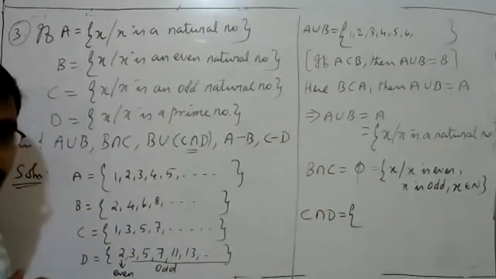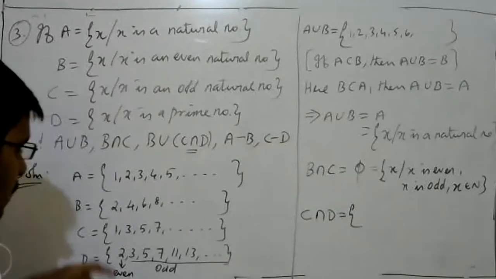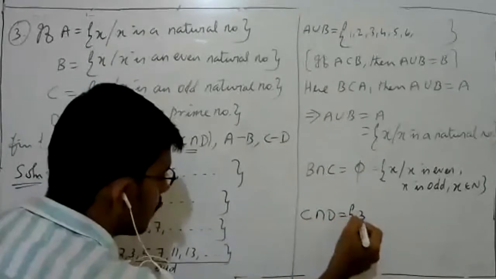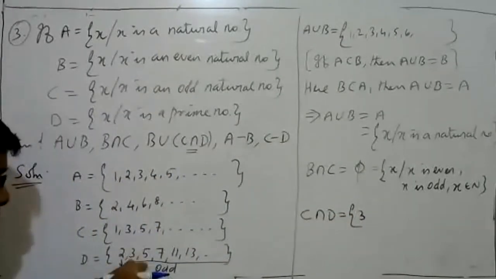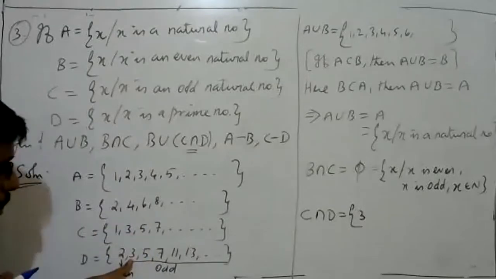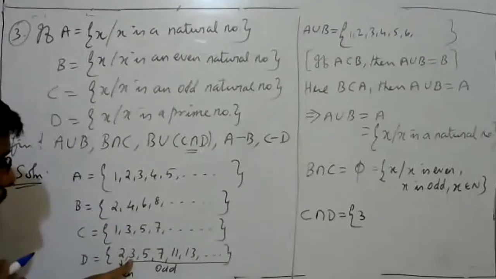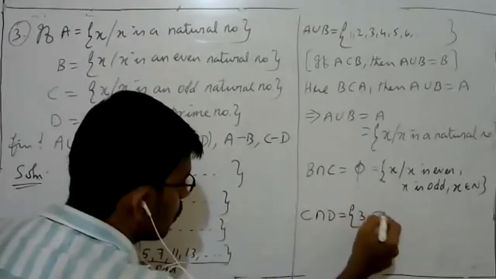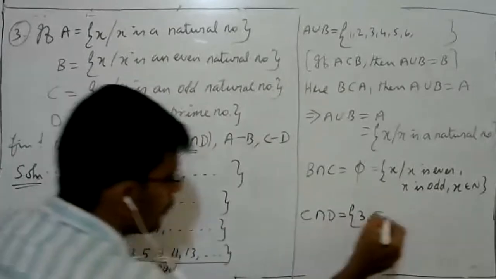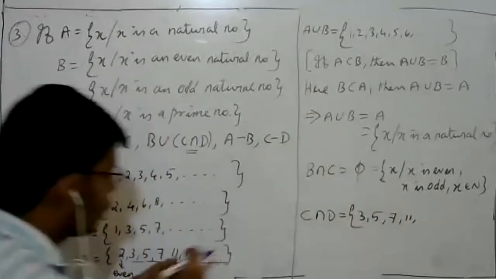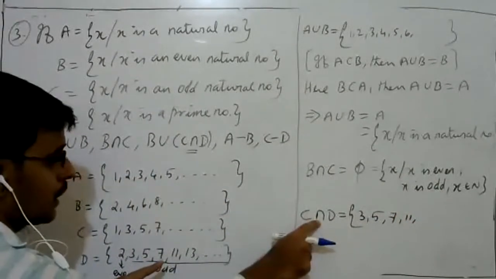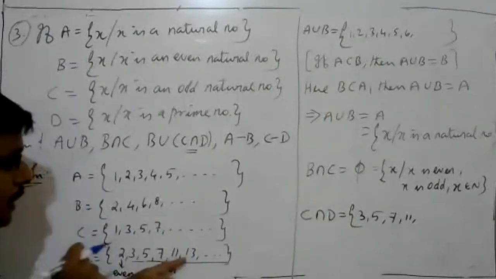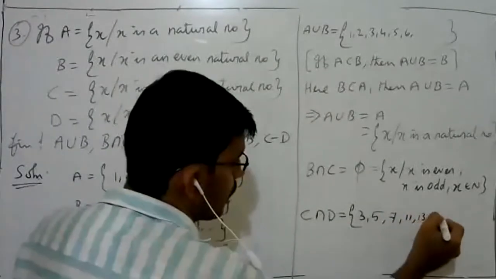Then what are the elements we are getting? 3 belongs to the prime numbers and to the multiples, that means odd numbers. 5 belongs to both. 7 belongs to both. 11 belongs to both the sets because intersection means common to these two sets. 13 is common for everything.